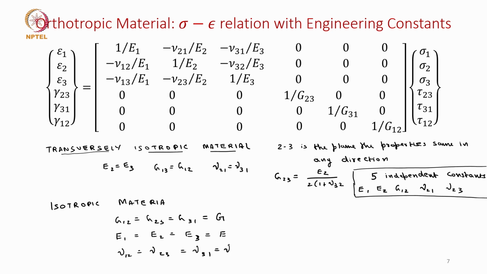What it means is that previously we were writing in terms of a subscript, but now we do not need to show any of the subscripts. So, we can use any 2 of these engineering constants.